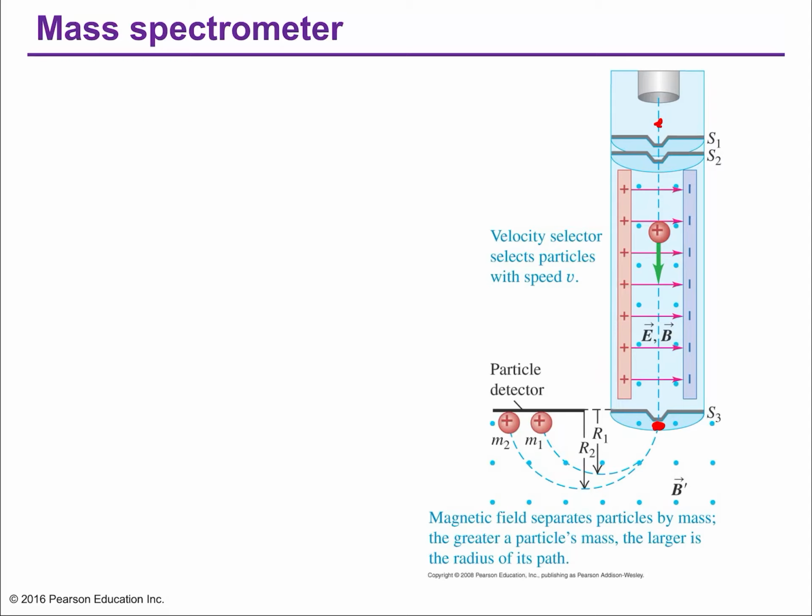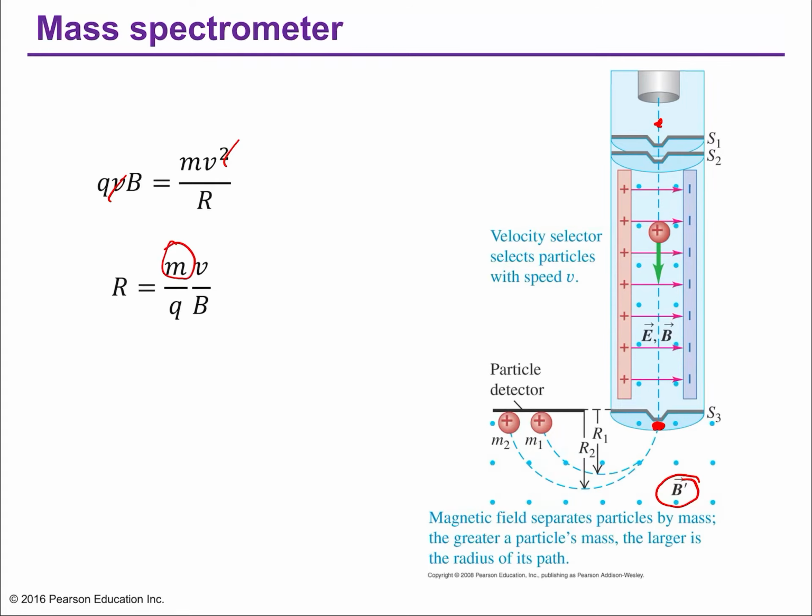and these particles then undergo a circular path due to the magnetic field present in that region, and particles with different masses perform circles with different radii. Why? Because if you equate the magnetic force to the centripetal force as we did before, you can cross out the velocity and figure out the radius, and you can see the radius depends on the mass.